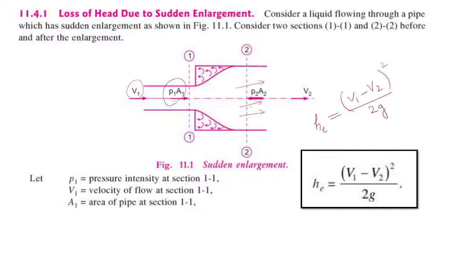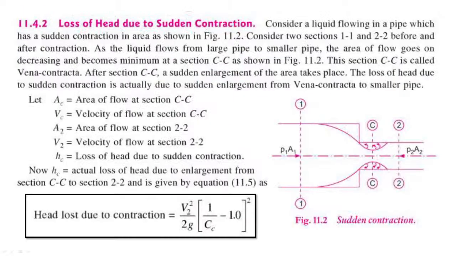You should know what V1 and V2 are. Once you know V1 and V2, you can find the loss of head due to the sudden enlargement. Fine. Okay, now the same process applies to sudden contraction. It is just the opposite of what we have seen in the enlargement. So what happens in the contraction? A1 is greater than A2.